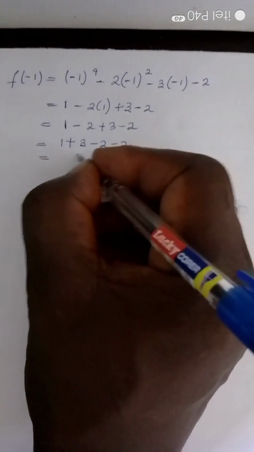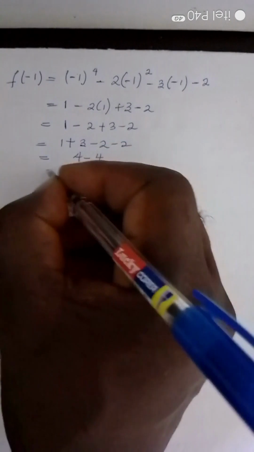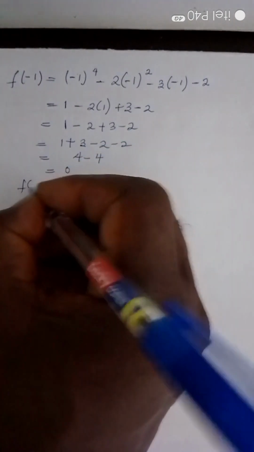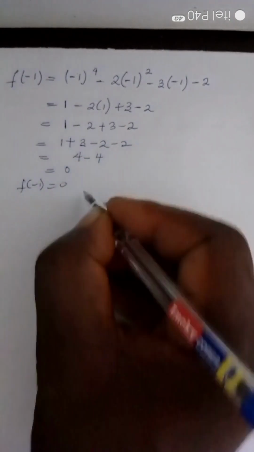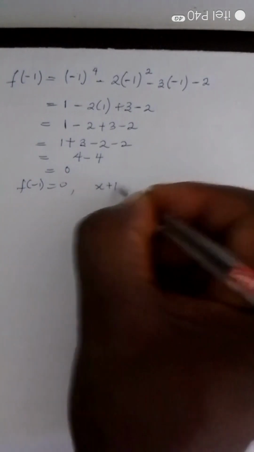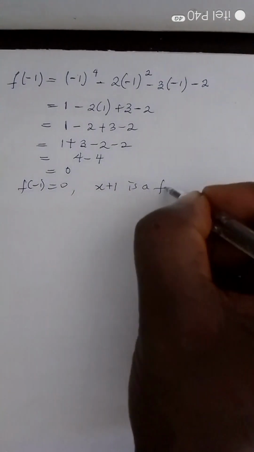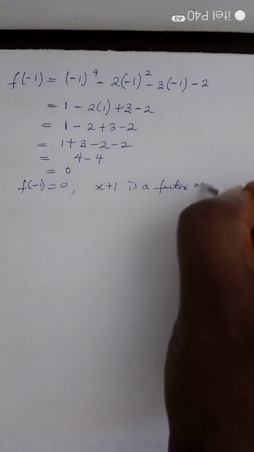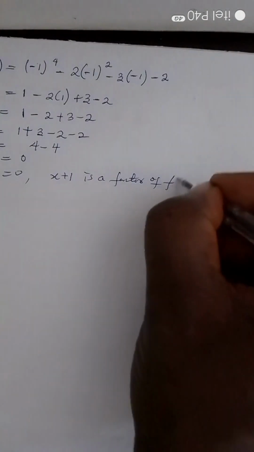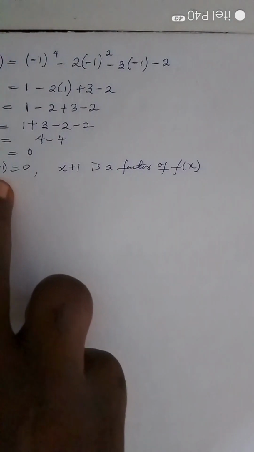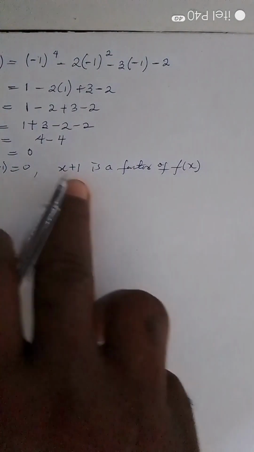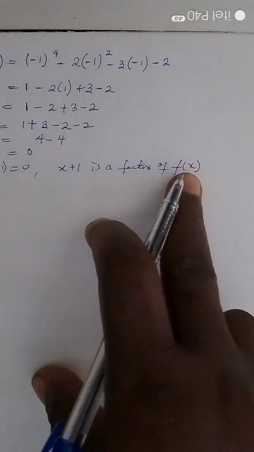So this will give us 4 minus 4, which is 0. So f of minus 1 equal to 0. Therefore, x plus 1 is a factor of f of x. So we now know that x plus 1 is a factor of f of x.